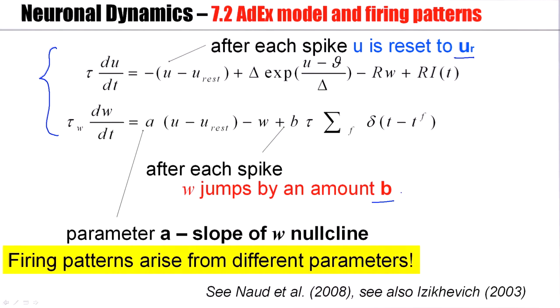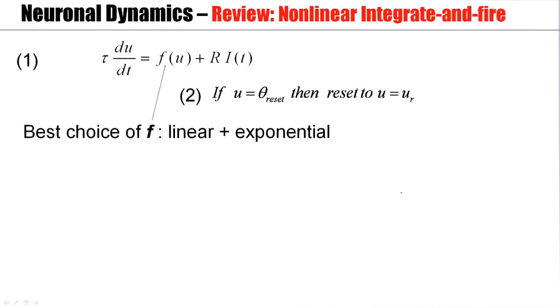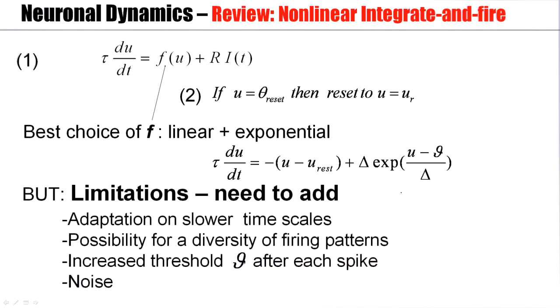And we can predict the appropriate range by the phase plane analysis methods that we have discussed together. Thus, let's take a nonlinear integrated fire model, and the best choice is linear plus exponential. Let's combine this with adaptation variables on a slower time scale. Then we can account for diversity of firing patterns.